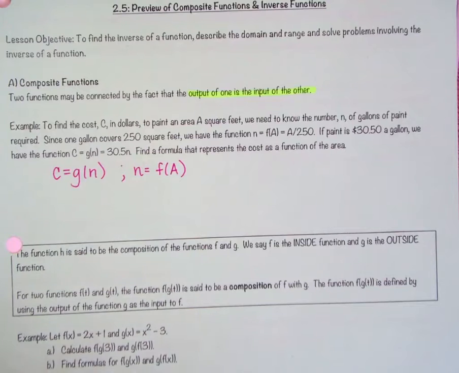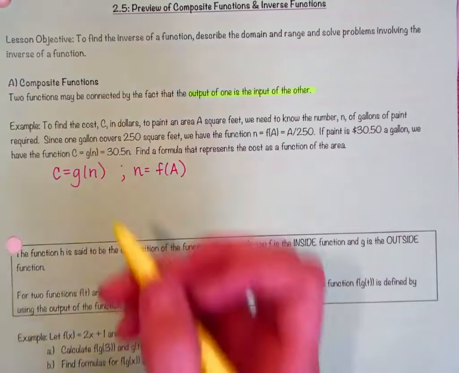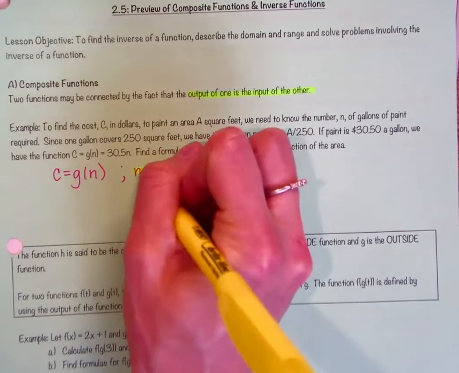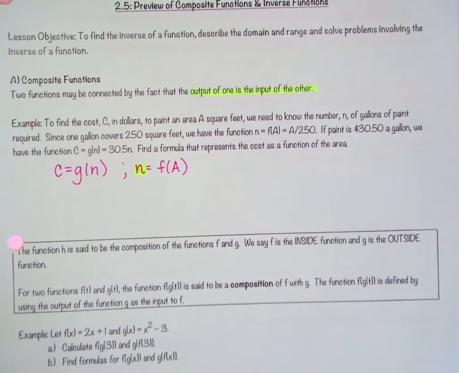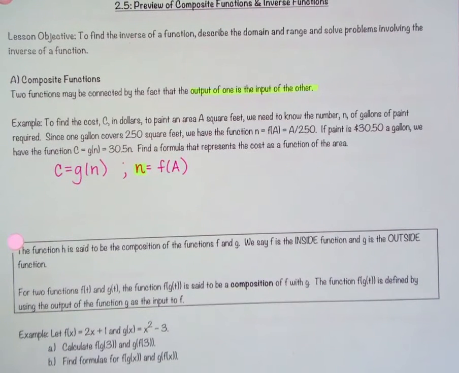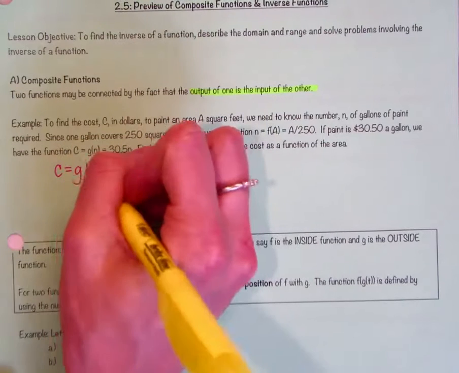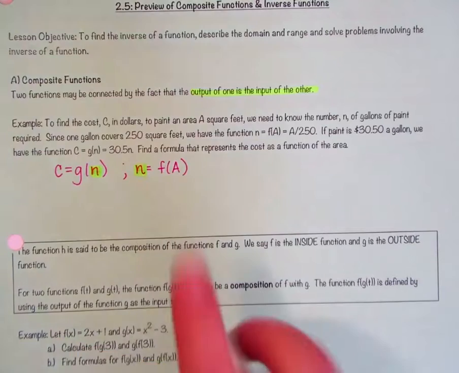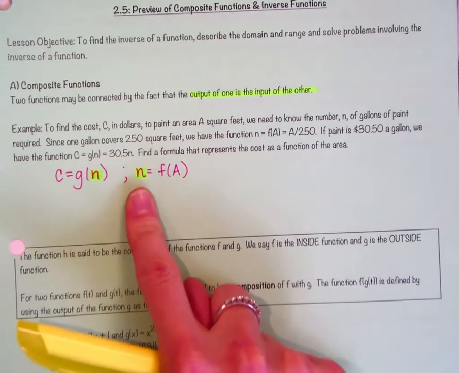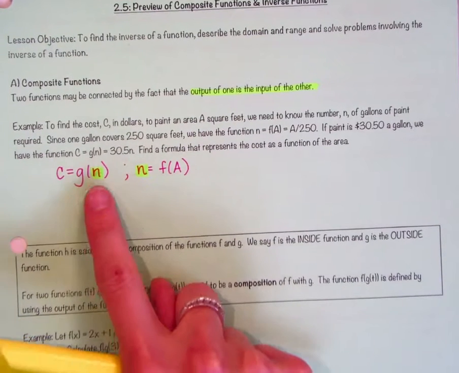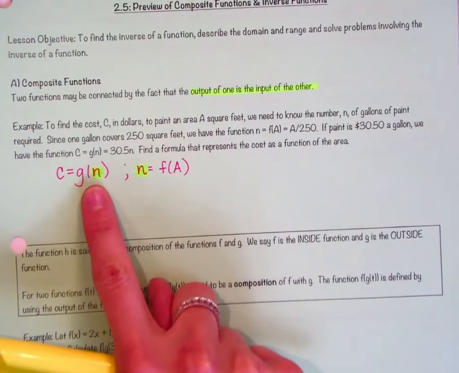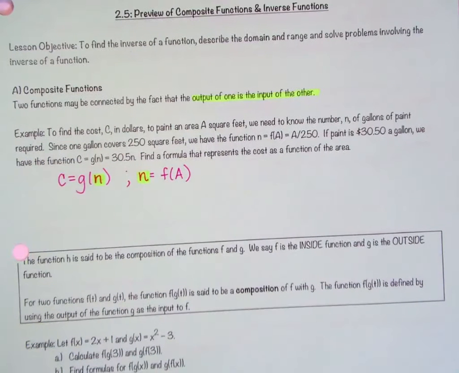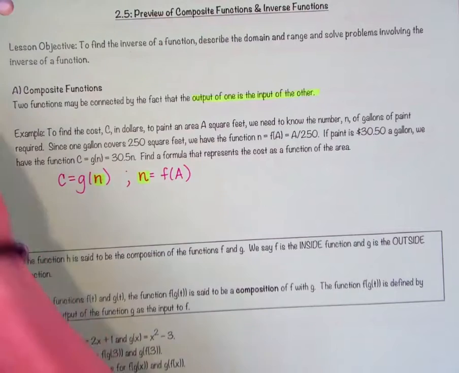So this would be an example of a composite function because the output of this function is N, and the input of this function is N. So the output of this function is the input of this one. And that's what it means for 2 functions to be compositions of each other.